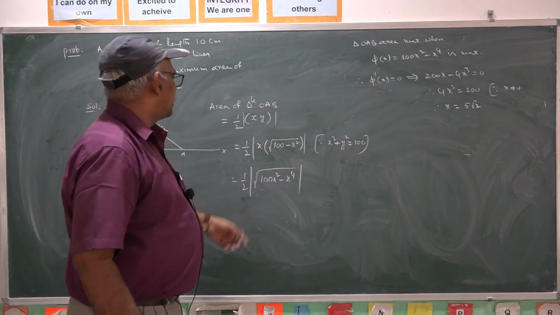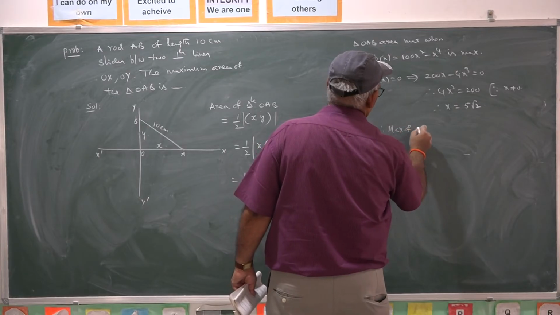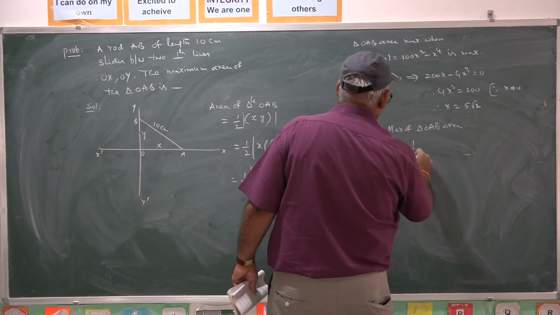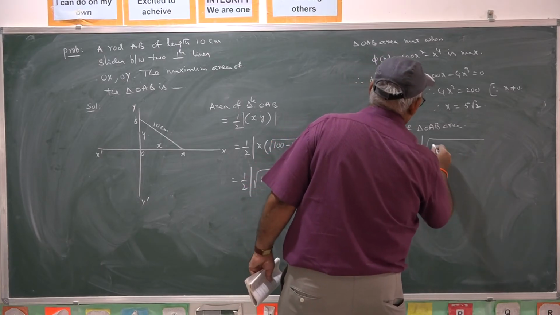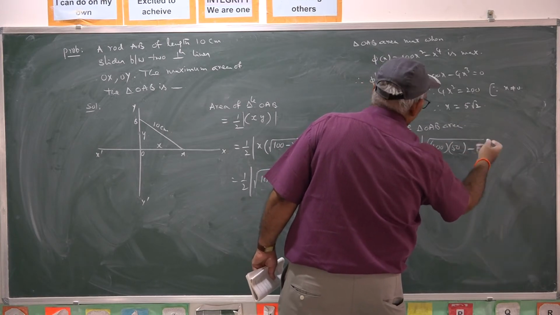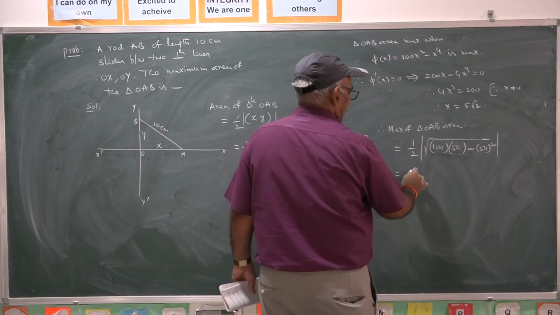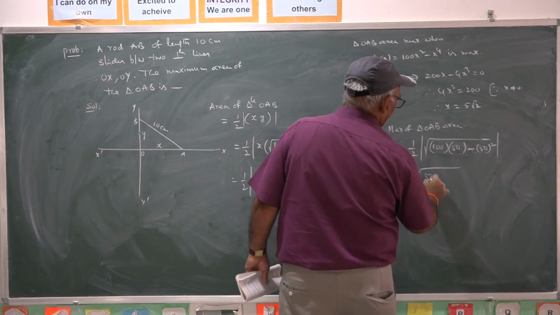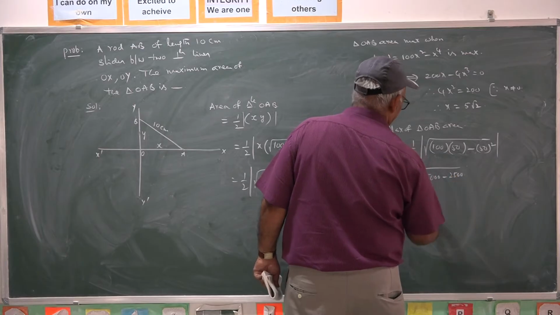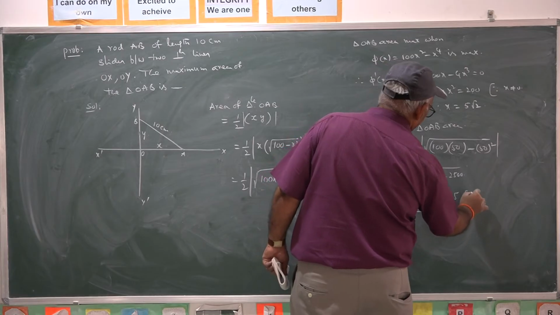So the maximum area of triangle OAB equals 1 by 2 into modulus of under root 100 into x square minus x power 4. X square is 50 here. X power 4 is 50 square, 2500. 1 by 2 into square root of 5000 minus 2500, which gives us 25 square units.